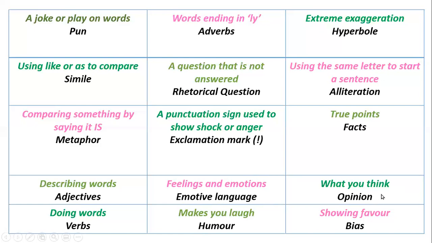It's interesting if you can make your opinion sound like a fact. Our verbs are our doing words, our action words, our being words. And then humour is something that makes you laugh, and bias is where you favour something. So you might have done a vocabulary lesson on bias where it shows that it leans towards one particular side.